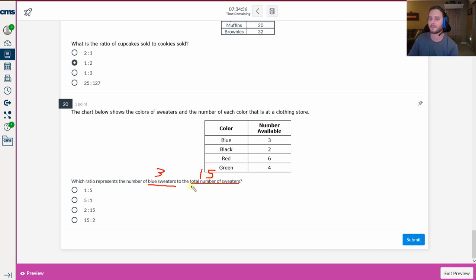Now, 3 to 15 is not an answer choice, so we have to keep going. 3 and 15 can be simplified. Both of those numbers are divisible by 3. We can do 3 divided by 3 to get 1, and we can do 15 divided by 3 to get 5. And that's how we were supposed to do number 20.